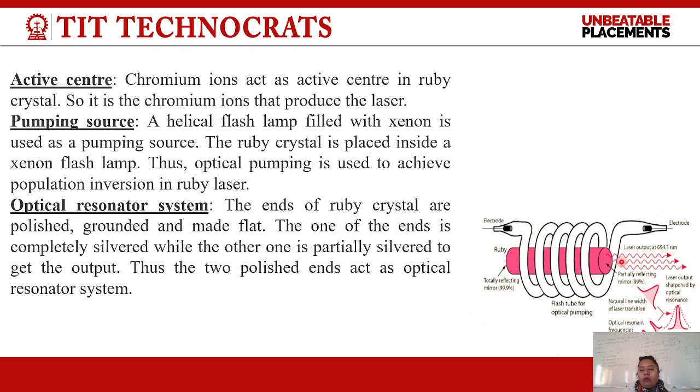The ruby laser rod is here, and this is the xenon lamp, helically placed over the ruby laser, or we can say the ruby laser is covered by the xenon lamp in a helical form.